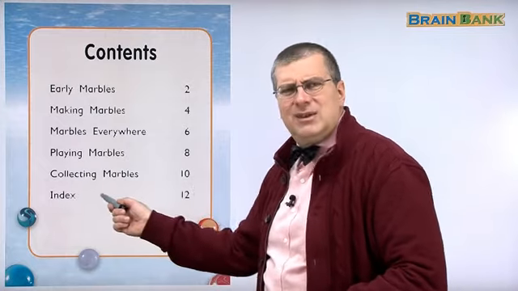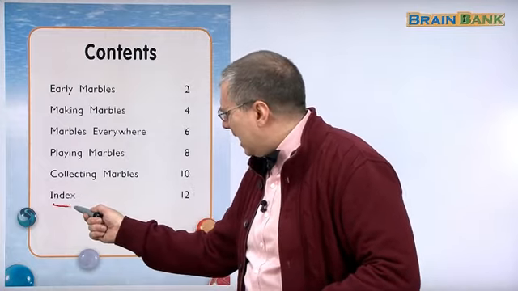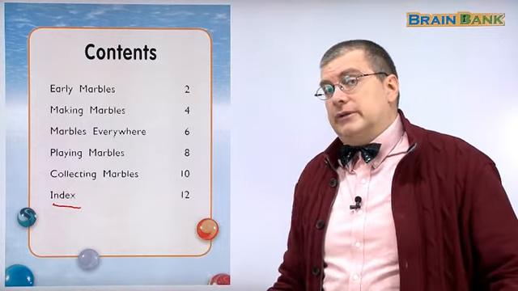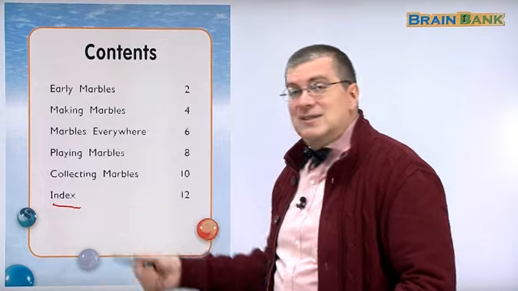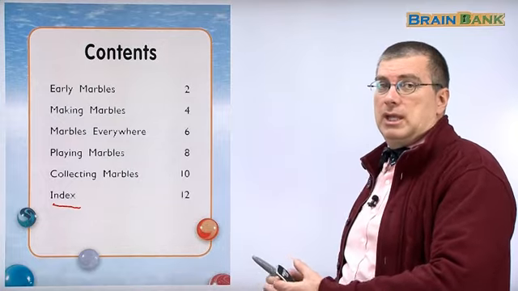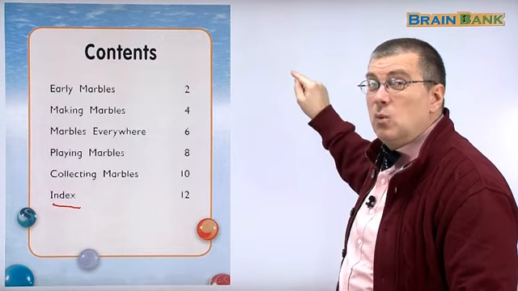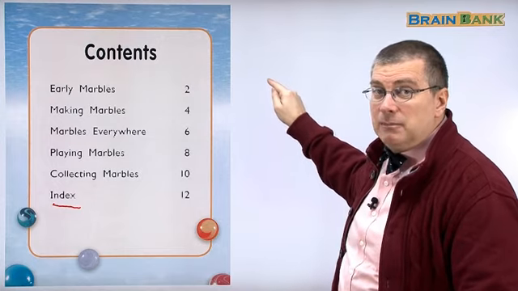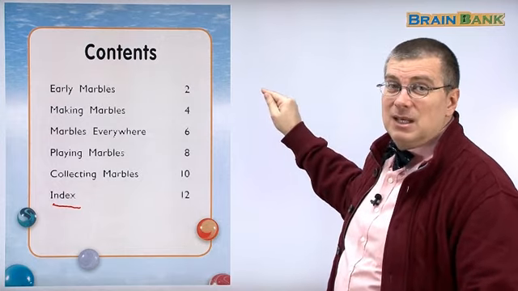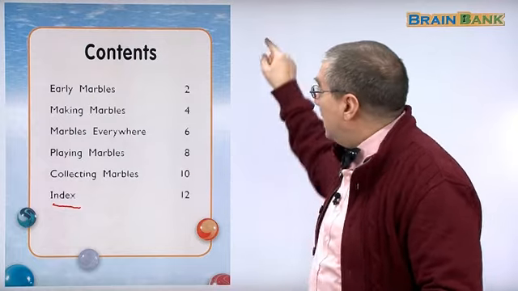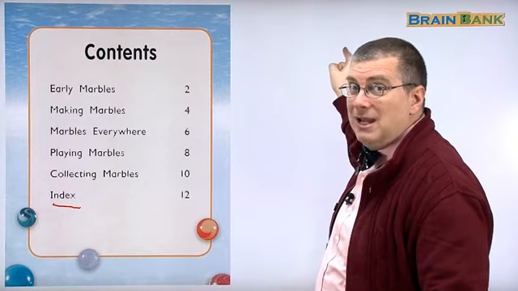And finally, we have an index. An index? What's an index? In many books, you can find an index at the back of the book. An index is a list of important words, names, places that were in the book. And on that list, you can find the word and it shows you the page number.